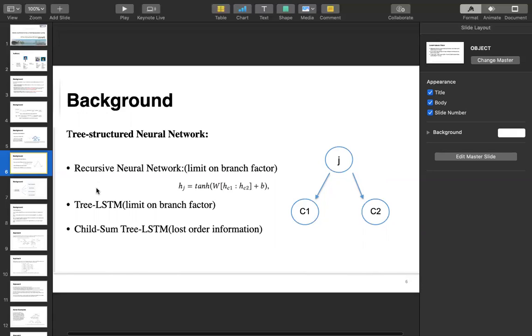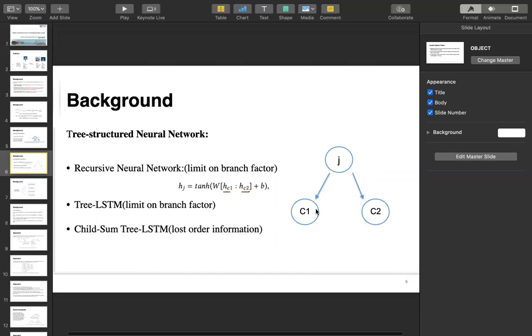So can you draw something about it? HC1 and HC2. Yeah, draw something, maybe how this neural structure looks like. HC1 is the hidden unit that represents the value of C1. C1 is a token. Yes.